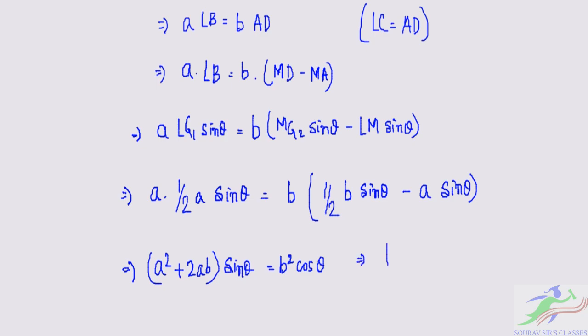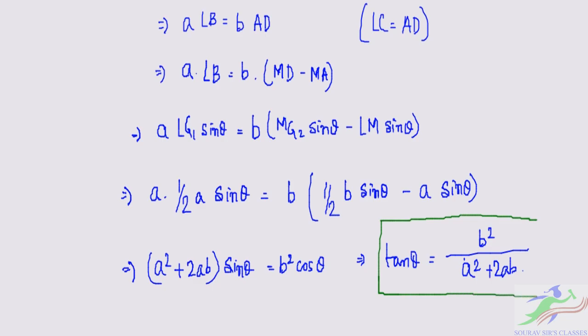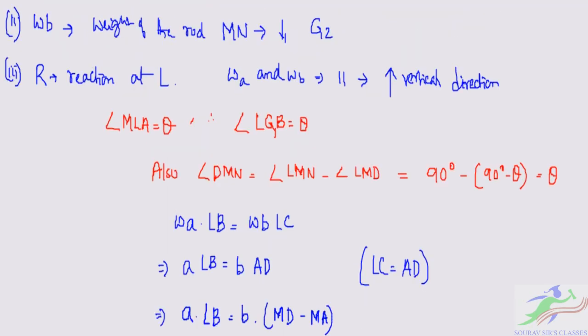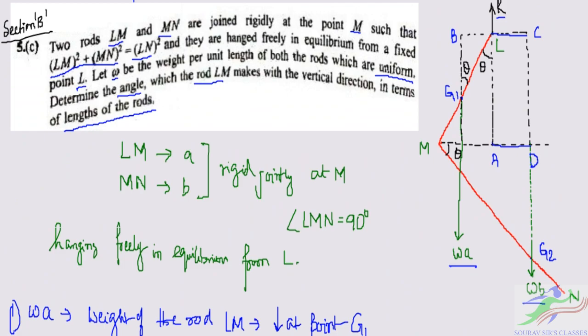So tan theta equals B square by A square plus 2AB. This is the answer: the angle the rod LM makes with the vertical in terms of the lengths of the rods.